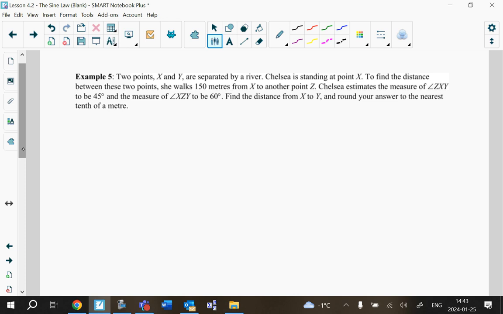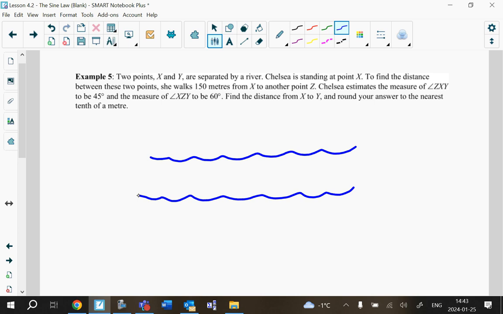So we've got 2 points, X and Y, separated by a river. So there's our river. Here's X. And we have no idea if they're directly across from each other or at an angle to each other, so I'm not going to put them directly across.